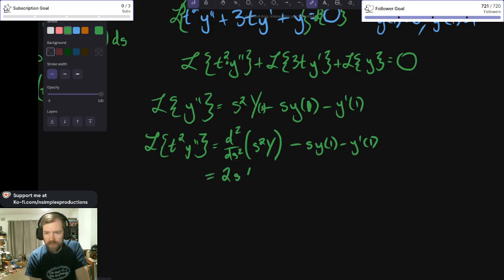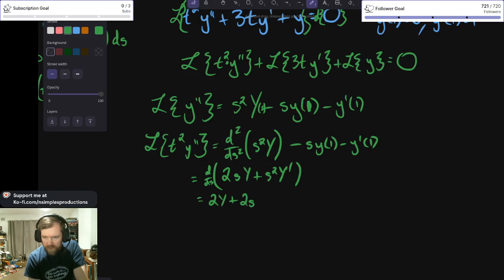So 2sY, okay, hang on. ds of 2sY plus s squared Y prime, which then is going to become 2Y plus 2sY prime plus 2sY prime plus s squared Y double prime.